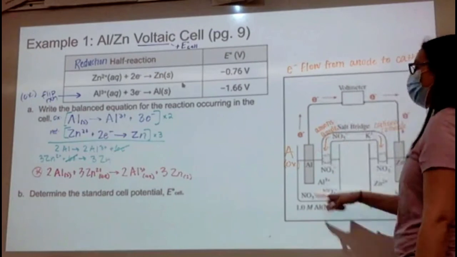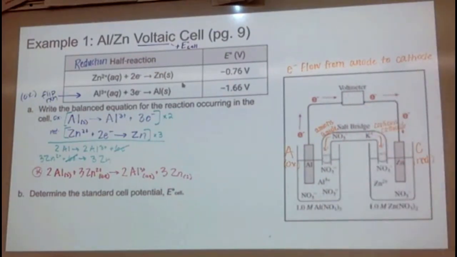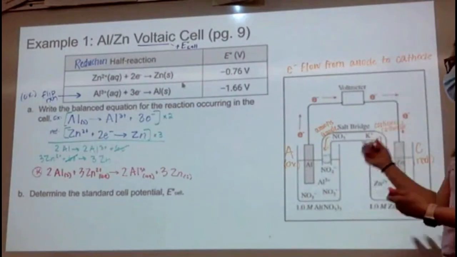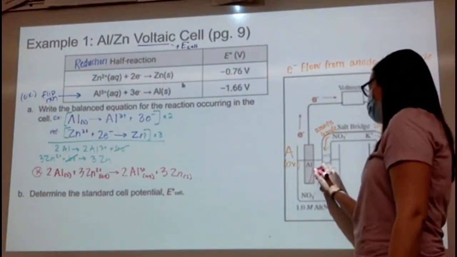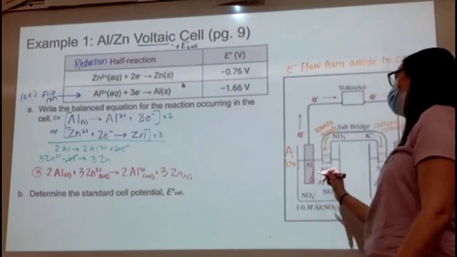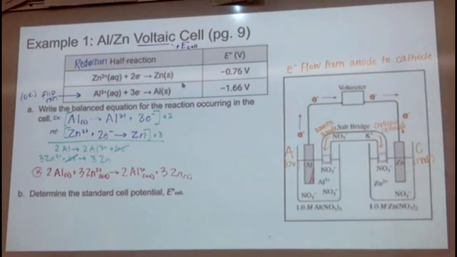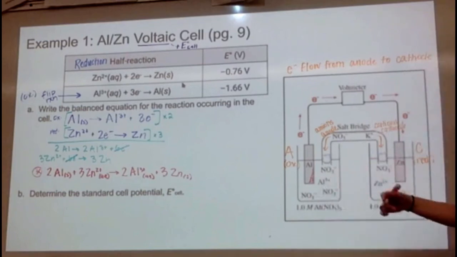So as this cell runs, we have aluminum converting to Al3+, we have Zn2+ converting to Zn. Remember, because this aluminum is becoming Al3+ over time, we would actually expect, and we don't know exactly how much, to see the anode decrease in mass, because the Al is becoming Al3+, so the solid aluminum is falling into solution.